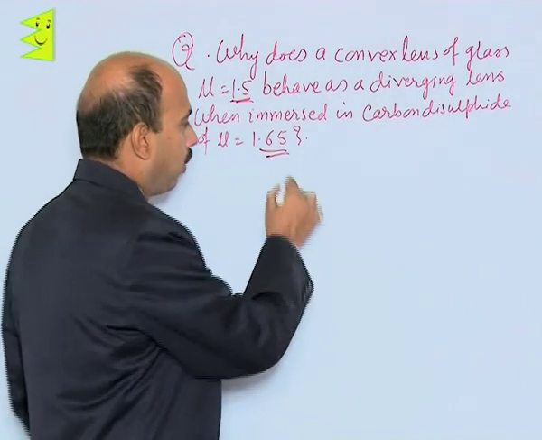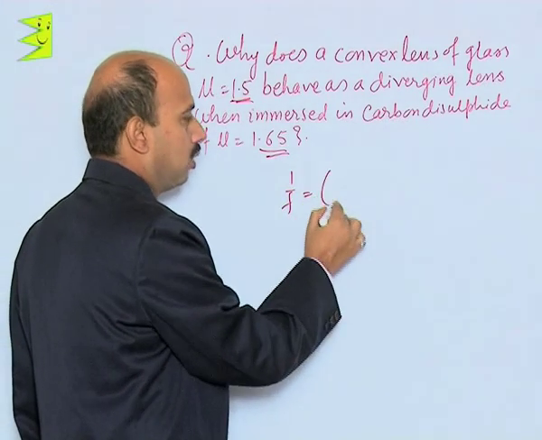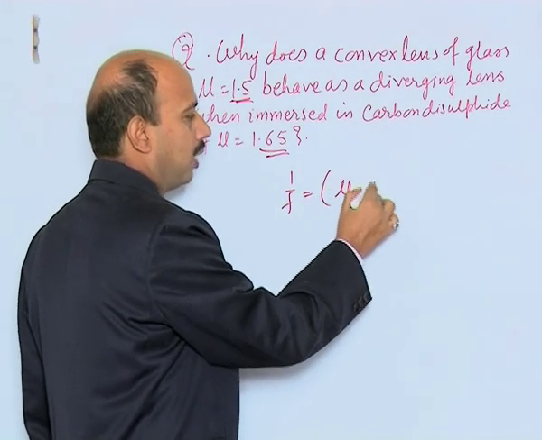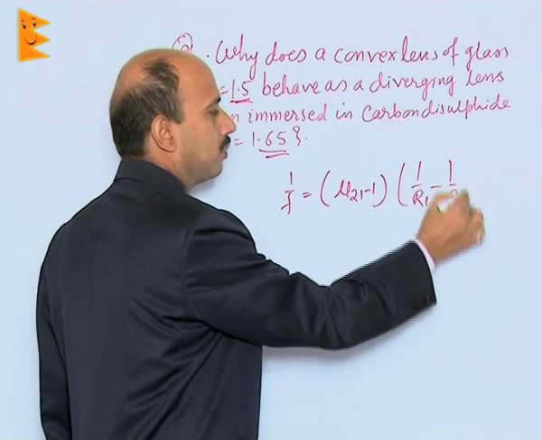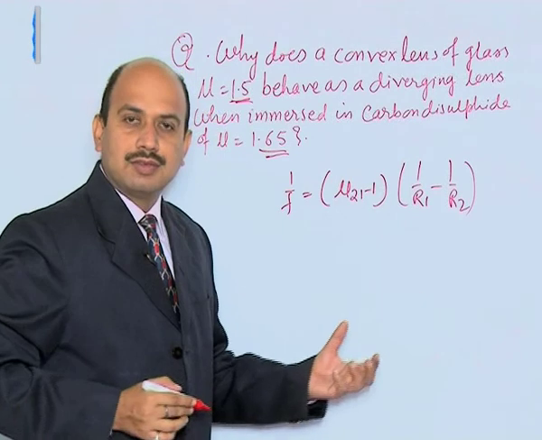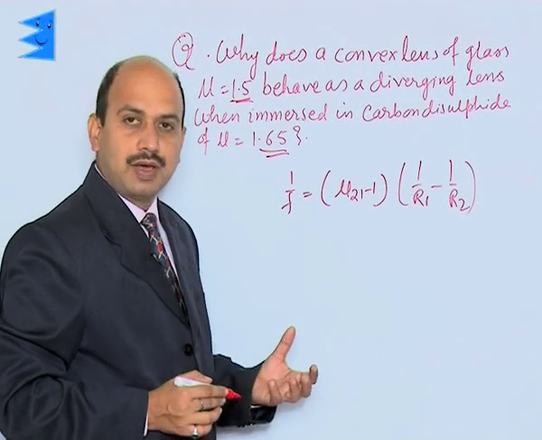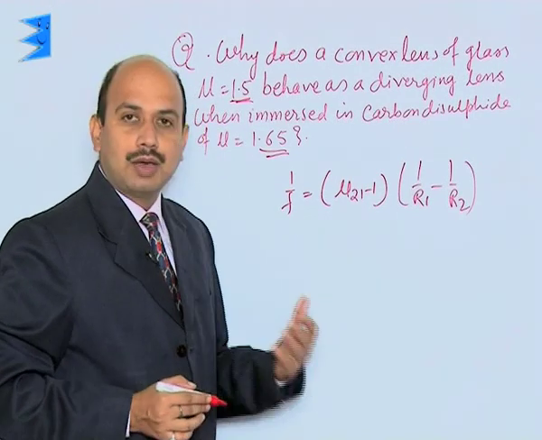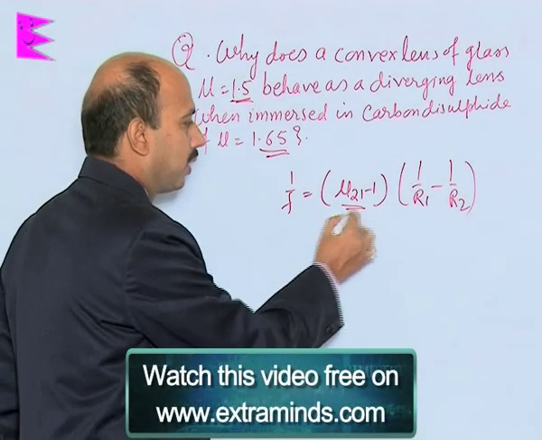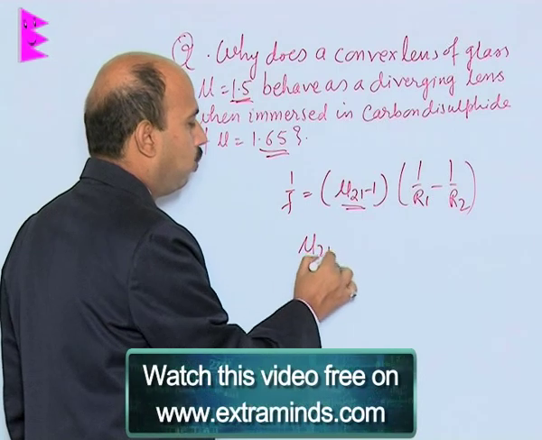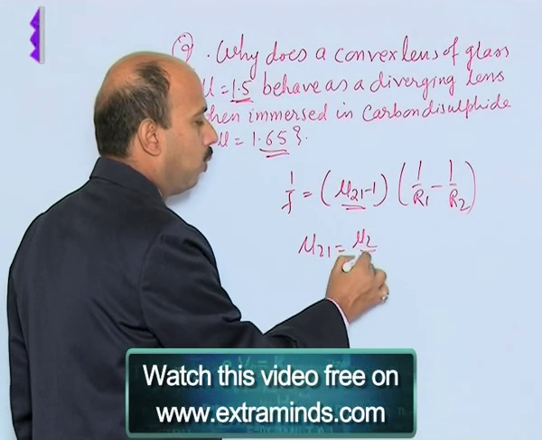We know 1 upon f is equal to (mu 2 1 minus 1) times (1 upon R1 minus 1 upon R2). So when you place the lens inside carbon disulfide, then R1 and R2 remain unchanged, where mu 2 1 is equal to mu 2 upon mu 1.